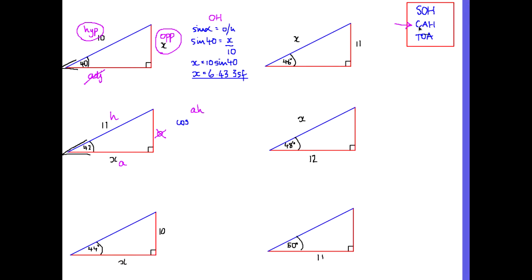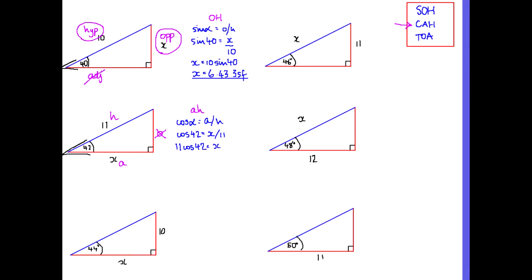There it is. Cosine of the angle is adjacent over hypotenuse, and we write that down. That's our formula. Then we substitute into our formula. 42 is the angle. Adjacent side we don't know, so that's x, and the hypotenuse is 11. And then we rearrange our formula to make x the subject. So we multiply both sides by 11. So x is equal to 11 cos 42.